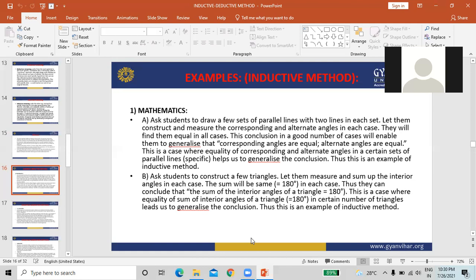This is a case where the sum of interior angles of a triangle being equal to 180 degrees in a certain number of triangles leads us to generalize the conclusion. Thus, this is an example of the inductive method.